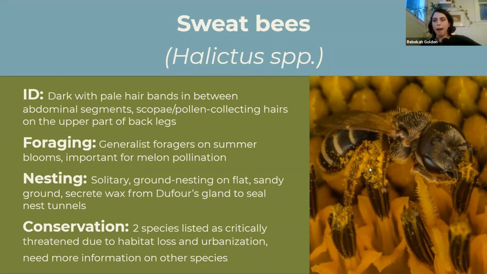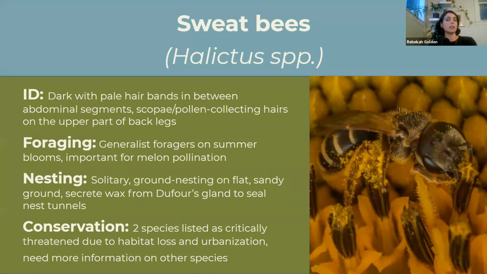And so they dry pack. They don't have quite the same pollen pants as like a bumblebee or a honeybee, where they're really carrying like boulders of wet pollen in their back legs, but they will gather most of those in structures just right on that top joint. So these are generalist foragers.